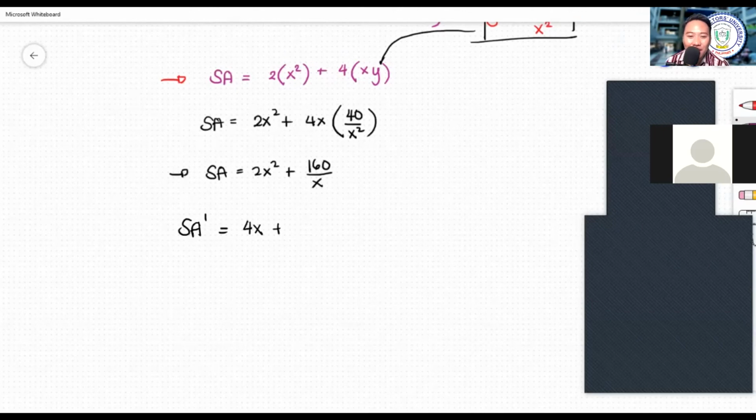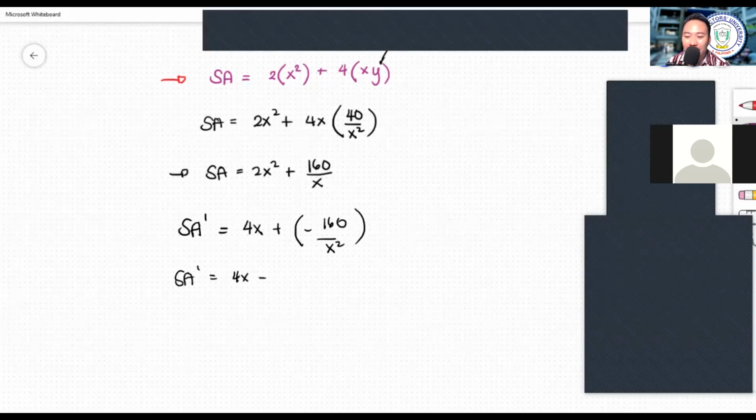You can solve your quotient rule there and confirm, but the answer is negative 160 over x squared. It's negative 160 over x squared.